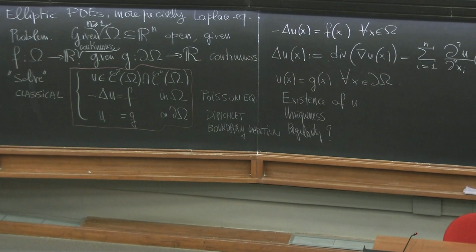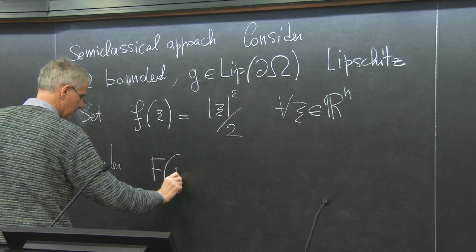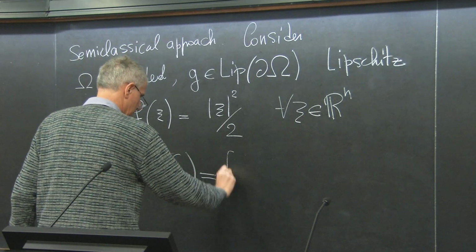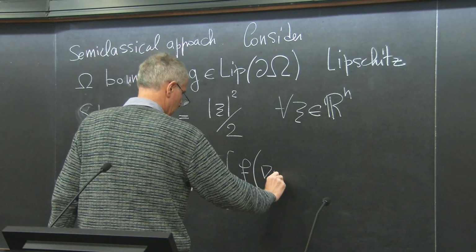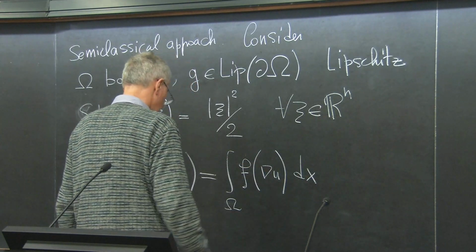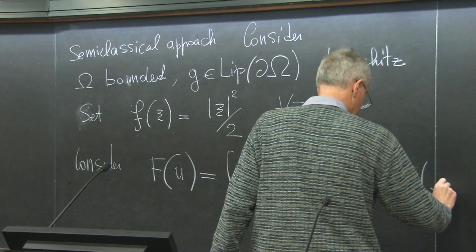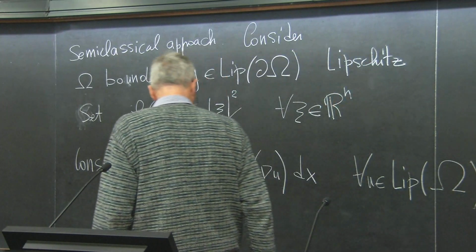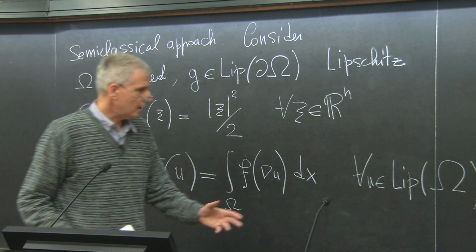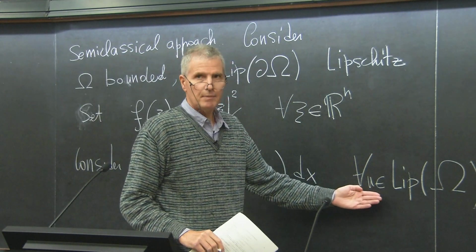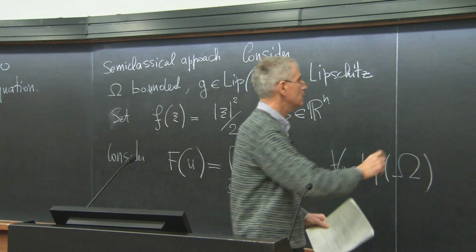Consider the following functional. You see, Lipschitz is convenient because Lipschitz means essentially that the gradient of u is almost everywhere defined.